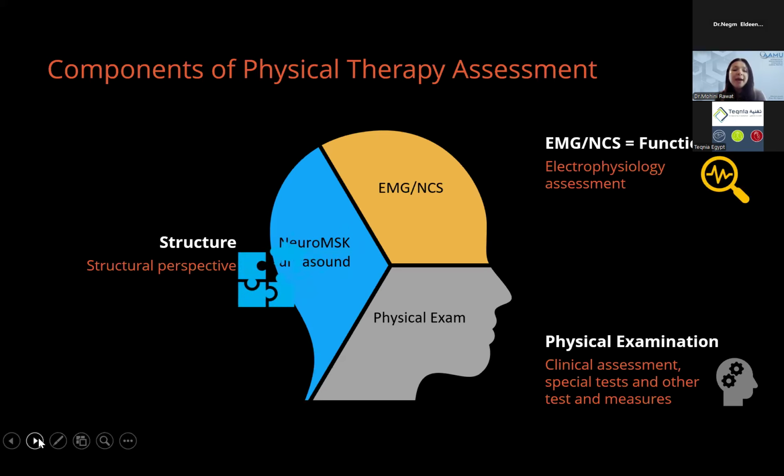Now, you may add ultrasound because you want to know what's going on in terms of structure. Is it a nerve problem? Is it some surrounding soft tissue structure that's causing the nerve problem? So ultrasound gives us a structural perspective, like what is happening in terms of nerve structure or the surroundings of the nerve.